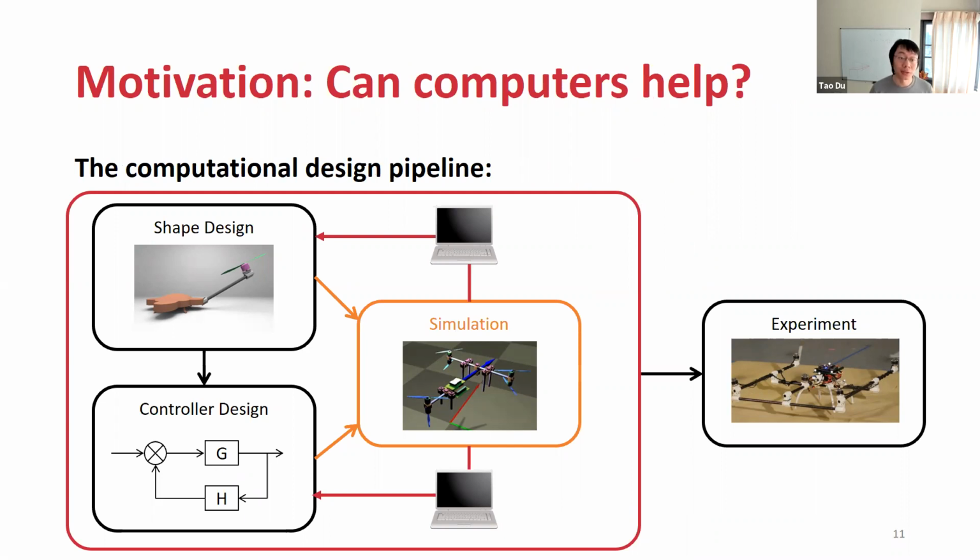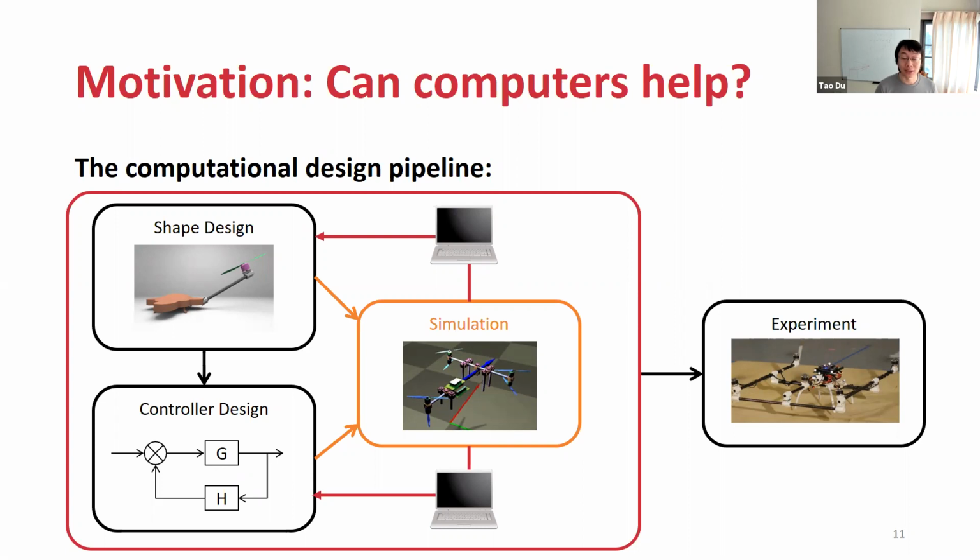So what we are proposing in this work is the following pipeline, which we call the computational multi-copter design pipeline. Essentially, we're trying to shift the work of the loop from the hands of human experts to the computers. As can be seen from the new diagram here, we still start with a design of the body and the brain of the robot, and we also leverage a simulation tool.